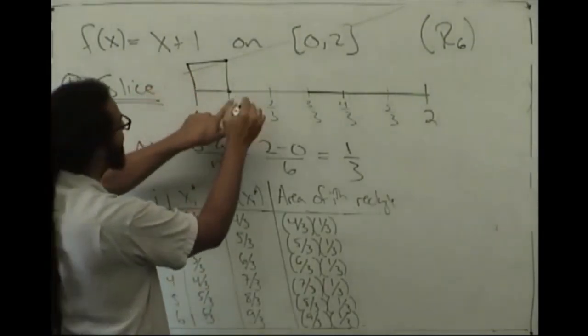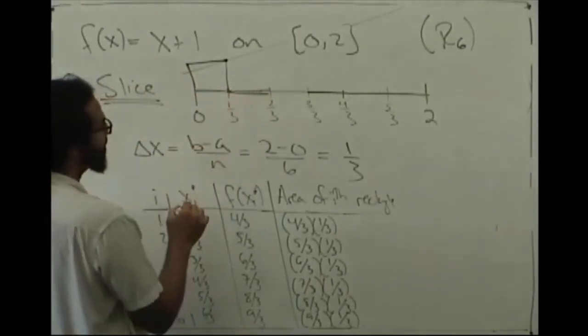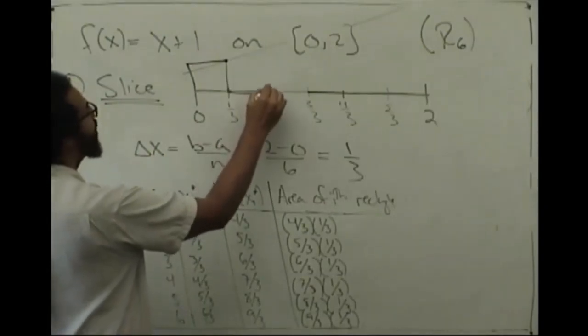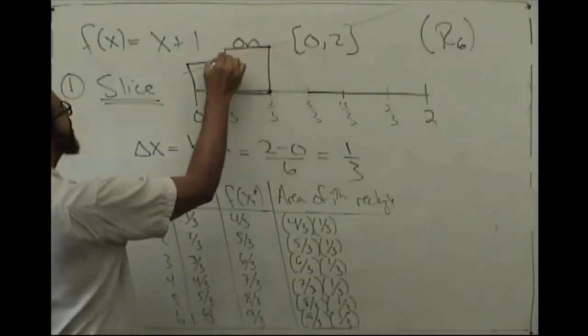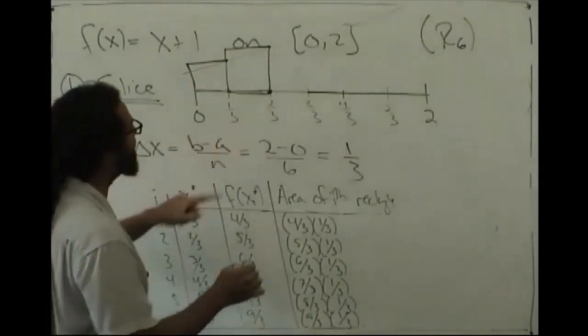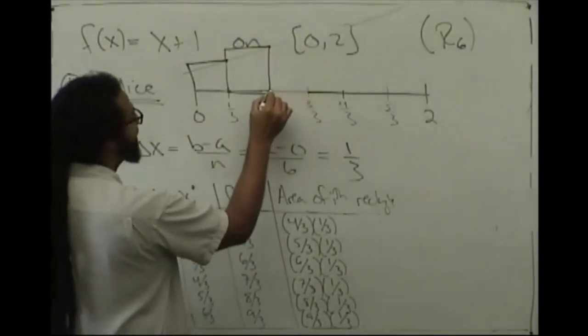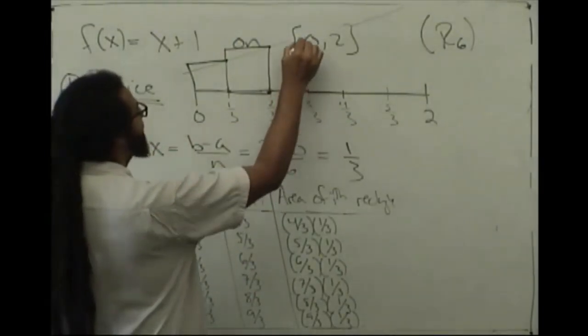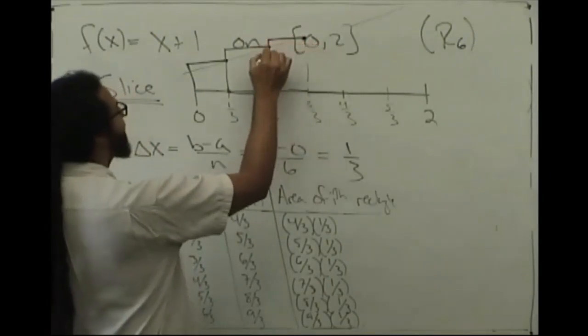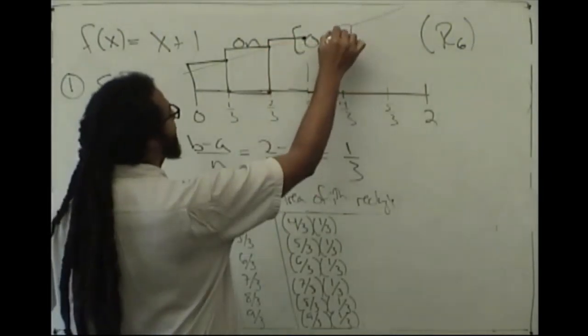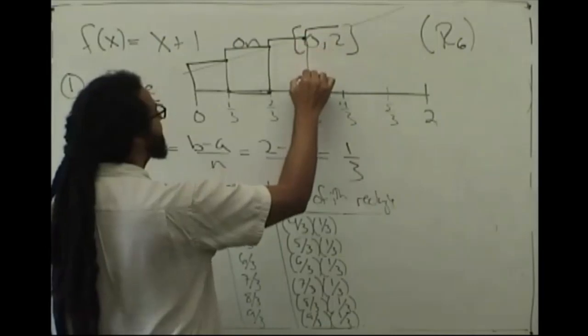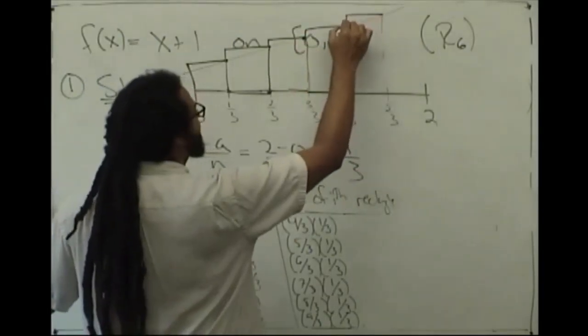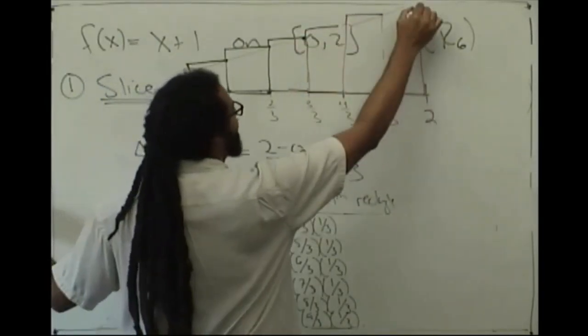For the second one, here's the second subinterval. We will use the right endpoint of the second subinterval to determine the height, right? Keep doing this until you reach the end. So the third subinterval, here's the height of the third rectangle, the height of the fourth rectangle, the fifth rectangle, and then the sixth rectangle.